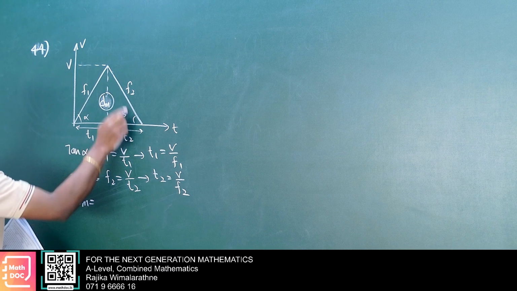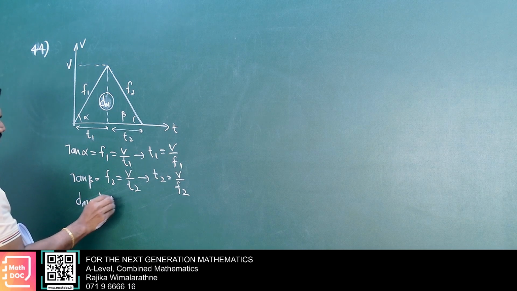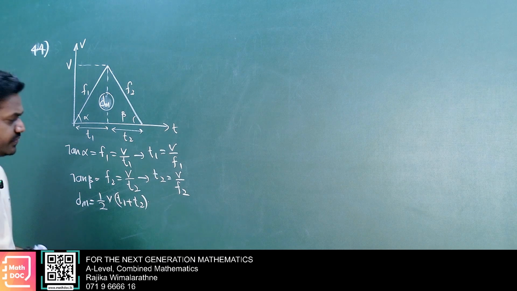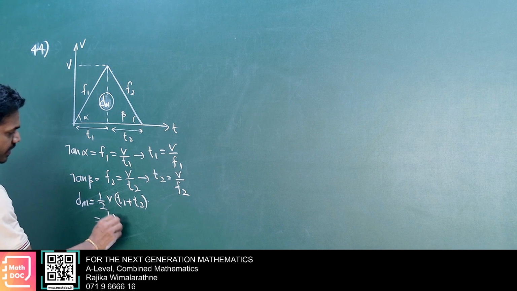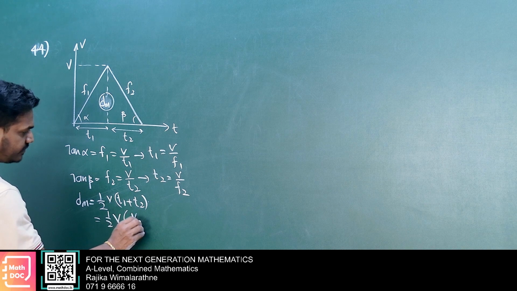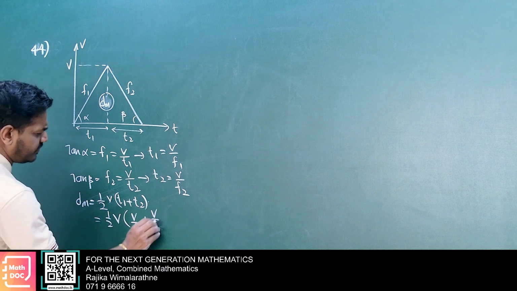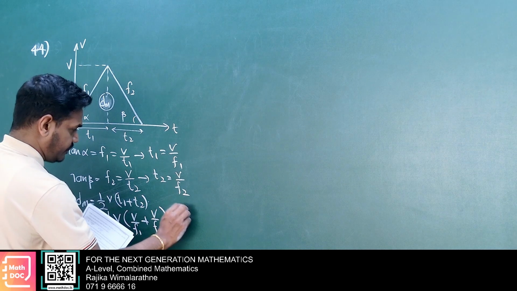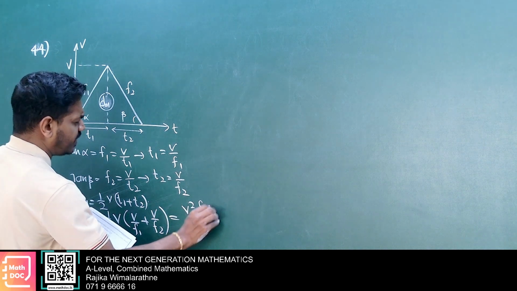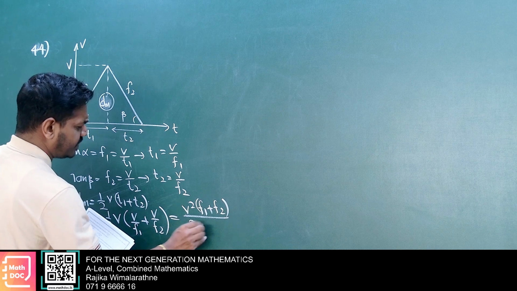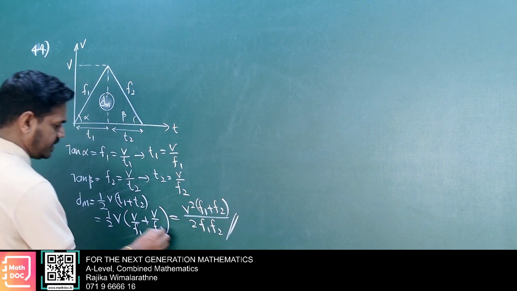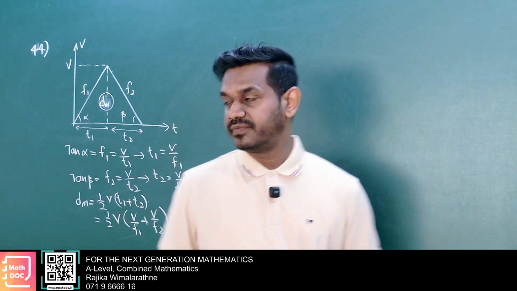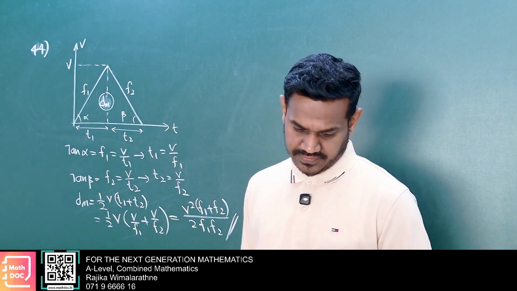DM equals this area, half into V into T1 plus T2. Now you simplify this one. 1 over 2 V, T1, V over F1, V over F2. Then V squared, F1 plus F2 over 2 F1 F2. Get common denominator and simplify. That is the displacement required, the minimum length of the path.